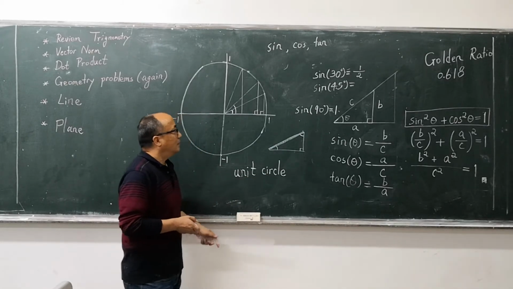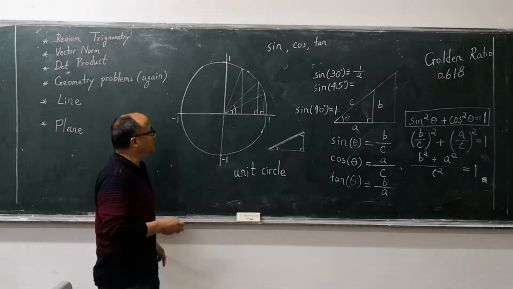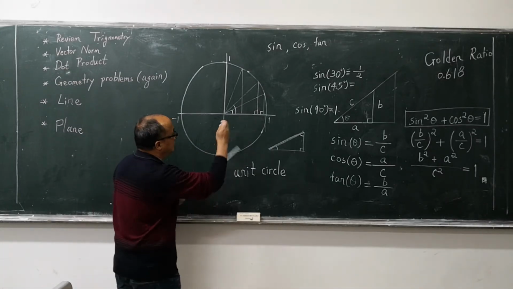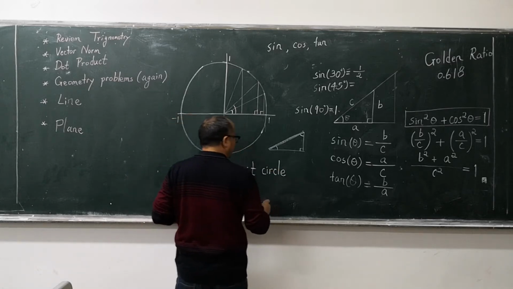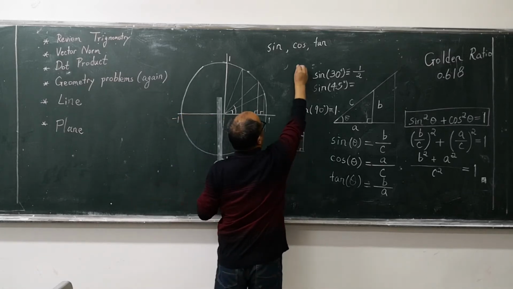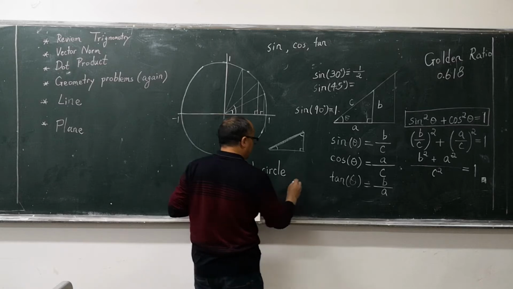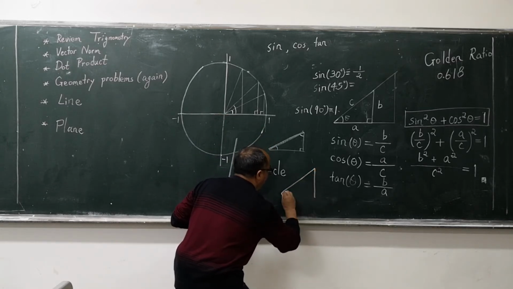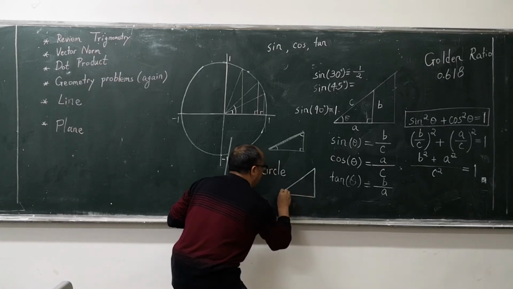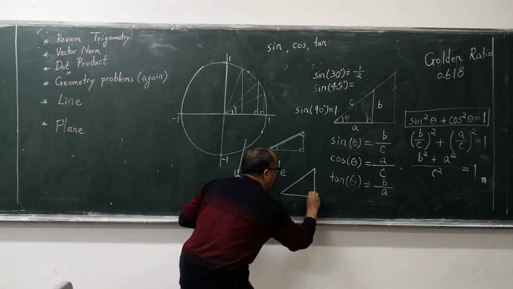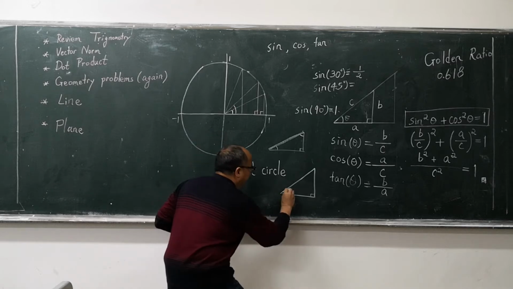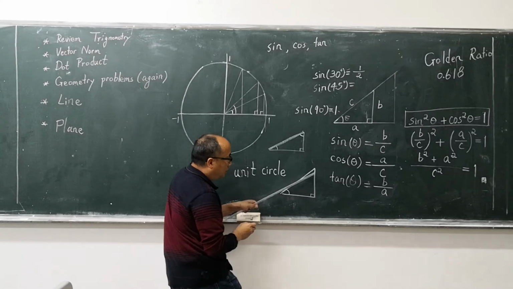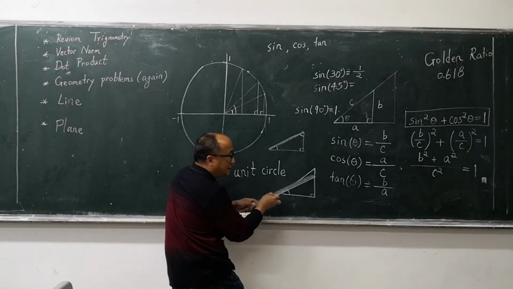For 45 degree, I can take this one out, and I use the space here. For 45 degrees, here is the 45. What's this angle?